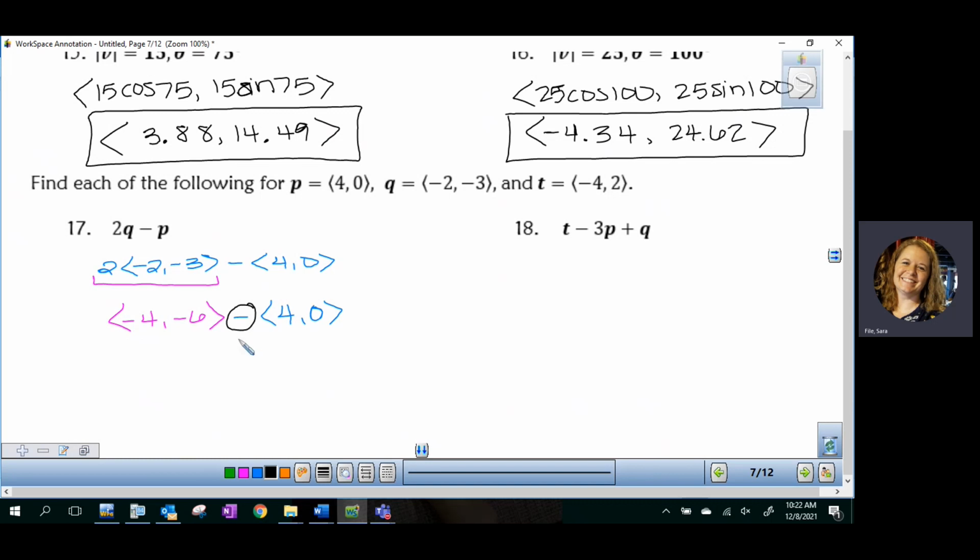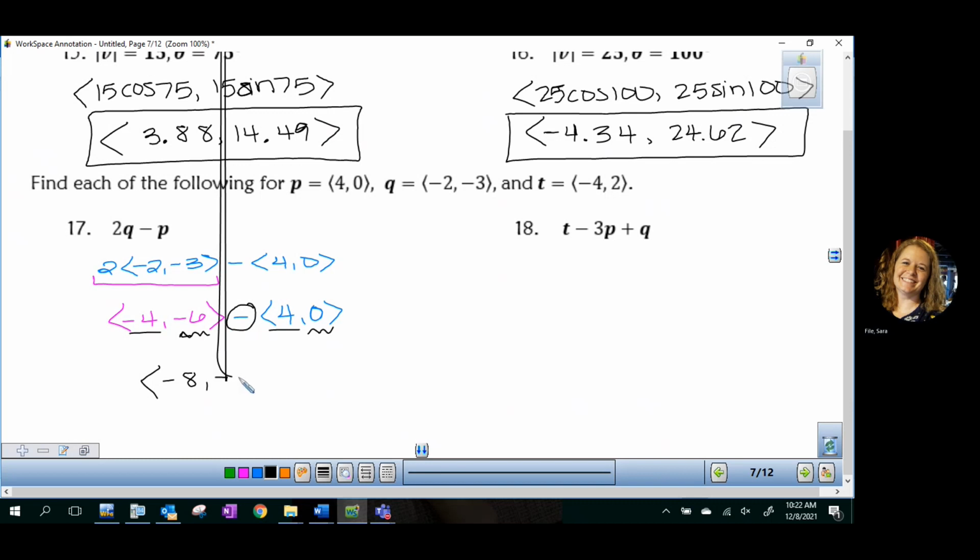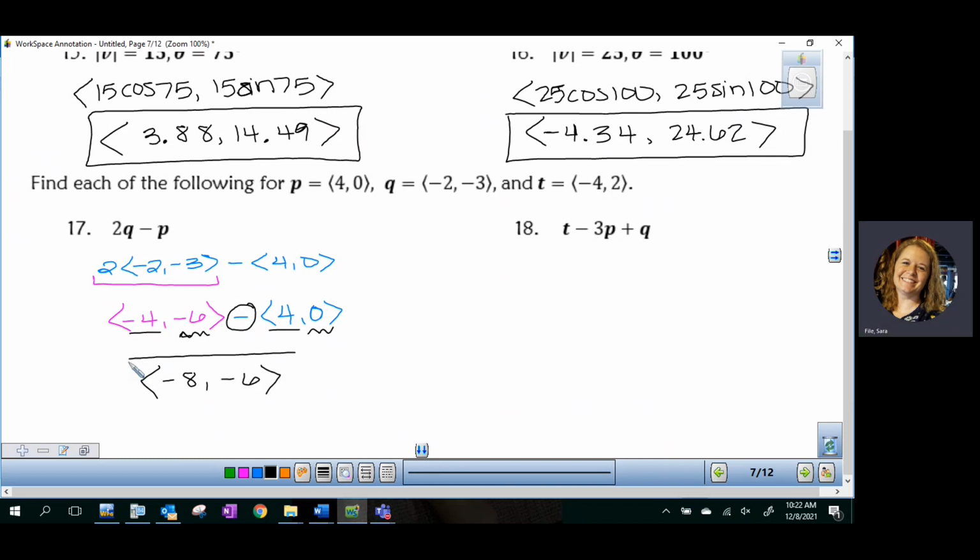Here it is subtraction, like components. So the horizontal minus the horizontal, the vertical minus the vertical. So that comes out -4 minus 4 and negative 6 minus 0. So there is your solution.